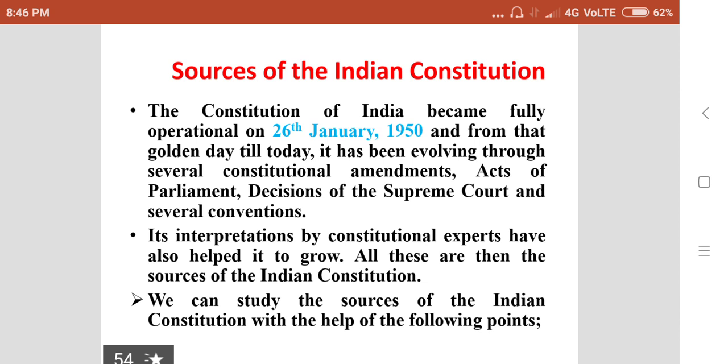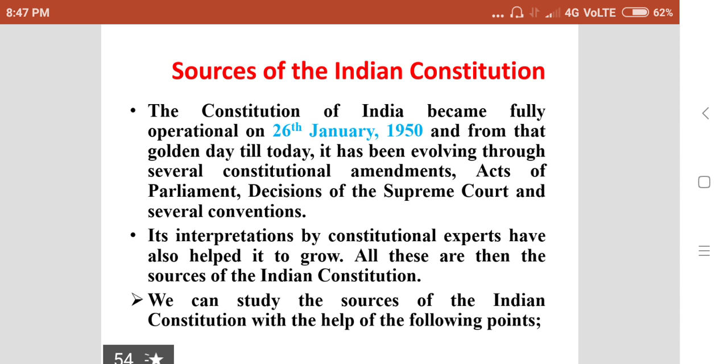So, the importance of this 26th January is that in 1930, the Indian freedom movement and many leaders took a pledge for complete freedom to India.